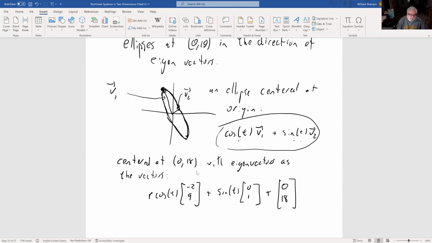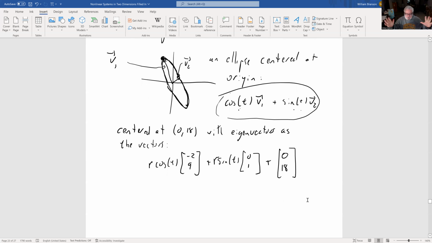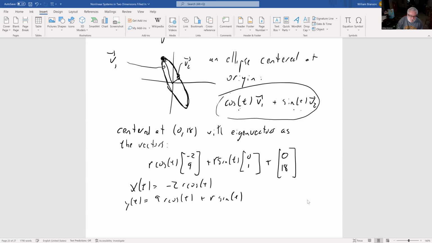And if we want to be able to vary the size of it, we can multiply both those terms by r, and that would shrink it and expand it. And so that gives us a parameterization: x of t equals minus 2r cosine t, y of t equals 9r cosine t plus r sine t plus 18.